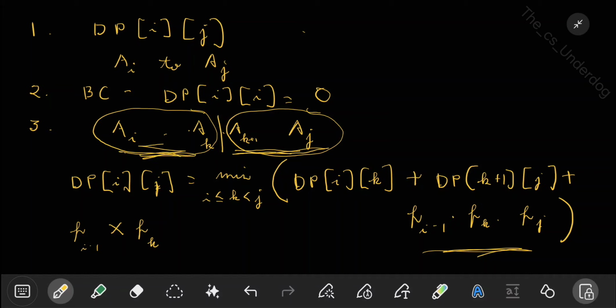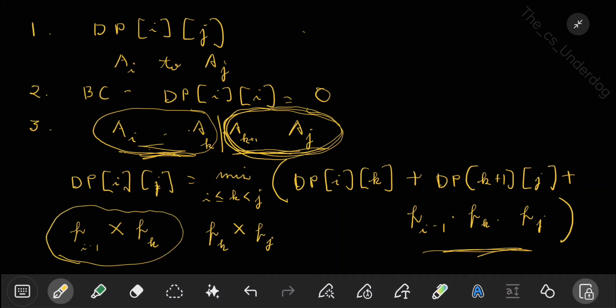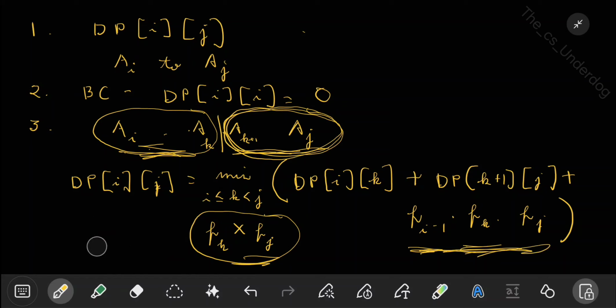What about the dimension of the resultant matrix from a[k+1] to aj? It will be p[k] cross p[j]. If I want to multiply p[i-1] cross p[k] and p[k] cross p[j], the resultant dimension will be p[i-1] cross p[j], and the total number of scalar multiplications will be p[i-1] into p[k] into p[j]. So this is how I found this out.